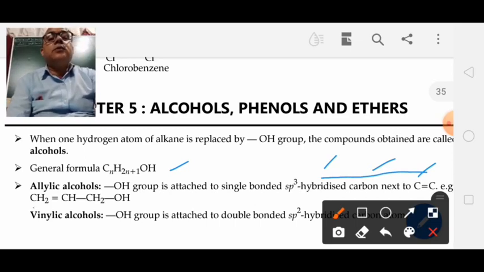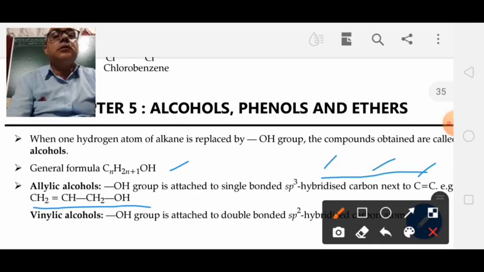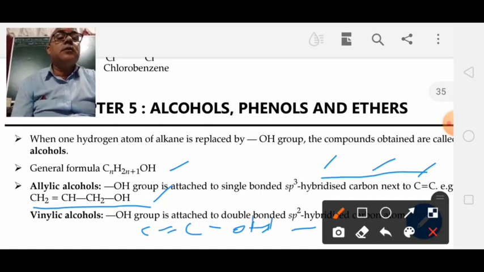Now you can see here CH2=CH-CH2-OH. This is allyl alcohol. Similarly, in vinyl alcohol there is an sp2 hybridized carbon. Here is a carbon-carbon double bond, and OH is directly attached. This is vinyl alcohol.